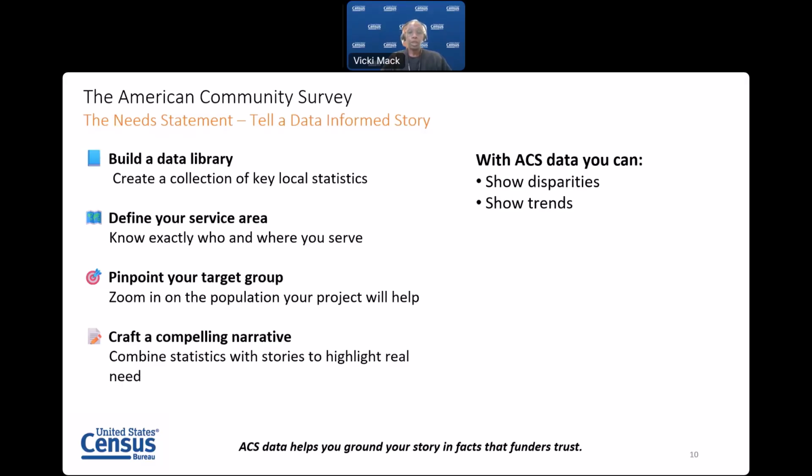You can also show trends like housing cost increases or decreases over time. Taking advantage of these benefits can make your story more data informed with a data source that funders trust.